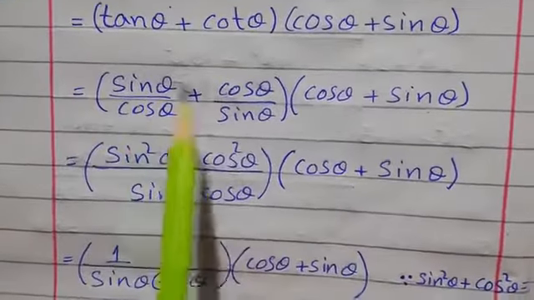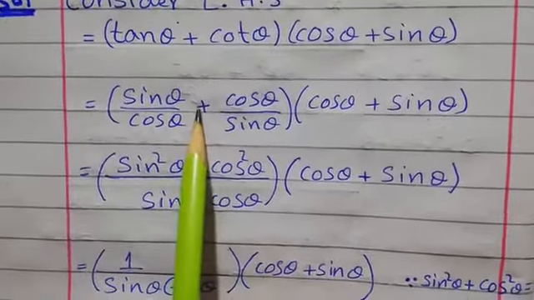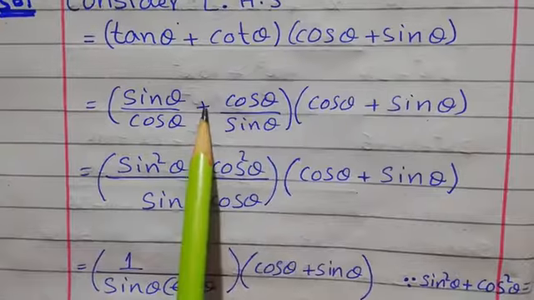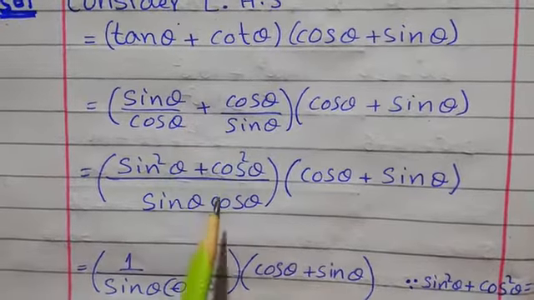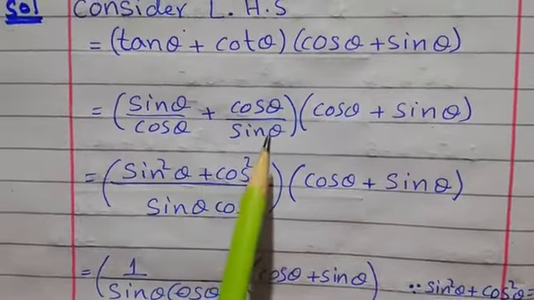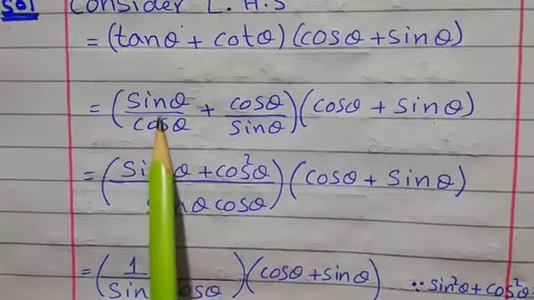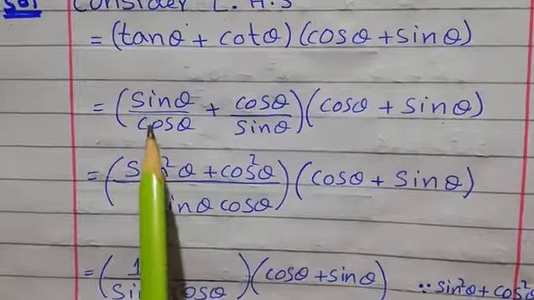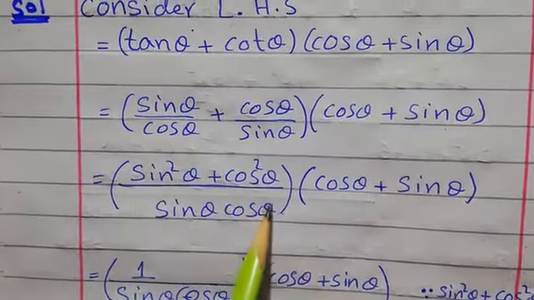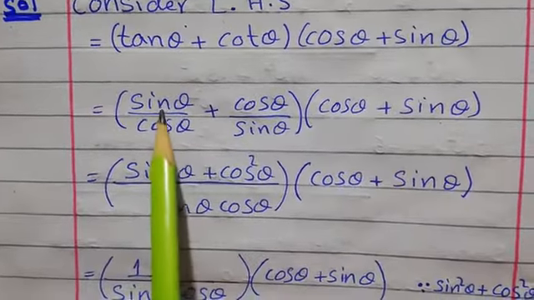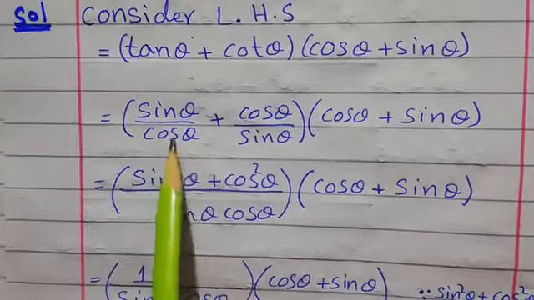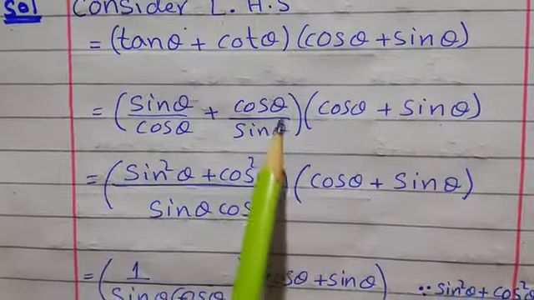Since there are 2 fractions and there is this addition sign between these 2 fractions, we will take the LCM. First of all, write sin theta cos theta in the denominator. And now first consider the first fraction. According to this, cos theta and cos theta will be cancelled out, and sin theta will multiply in the numerator, and we will get sin square theta plus.